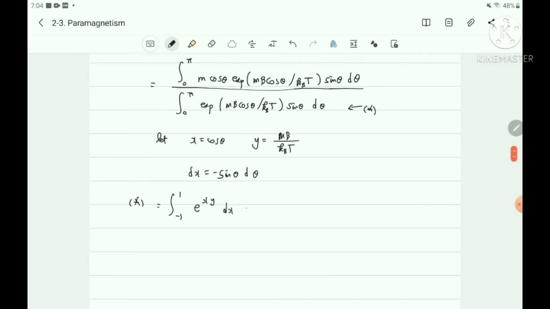Then it is that 1 over y (exponential y minus exponential minus y).